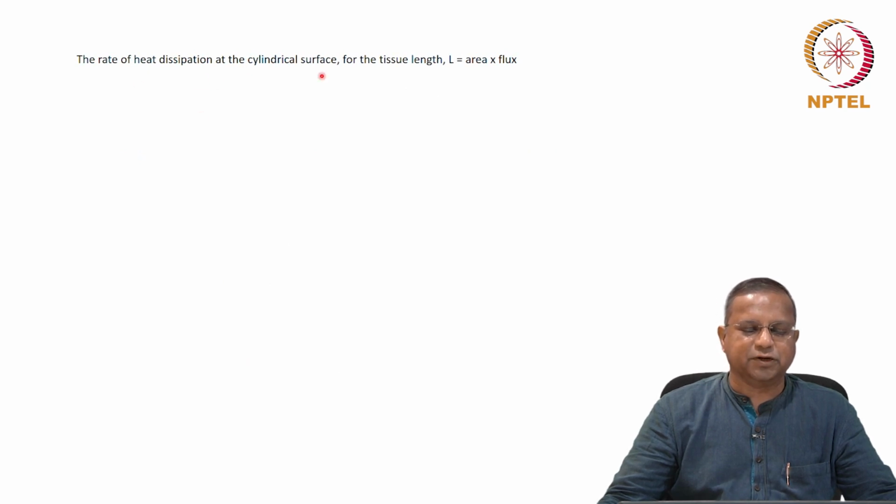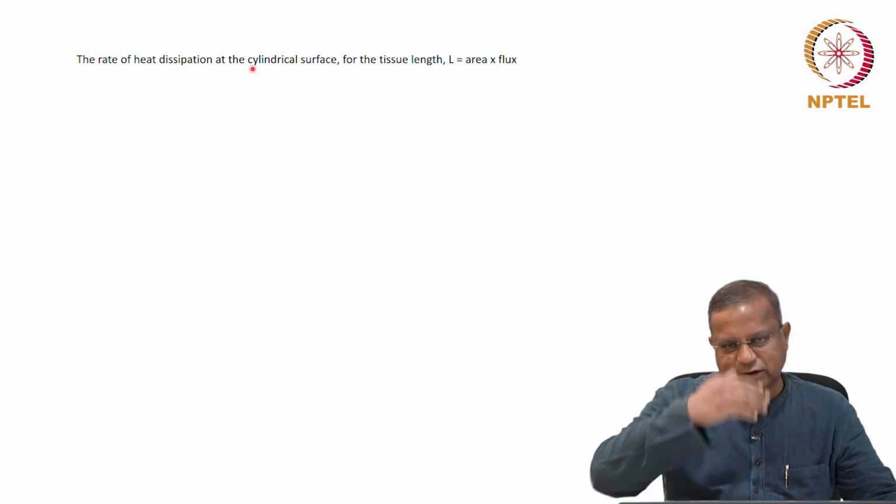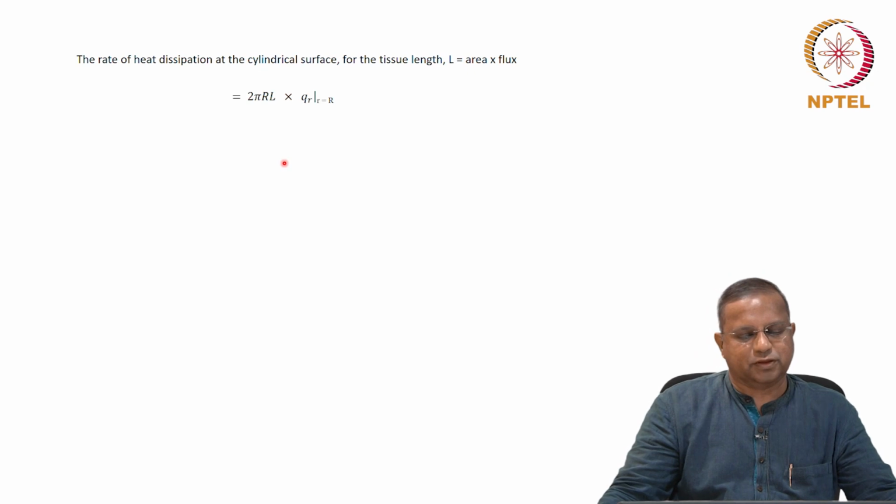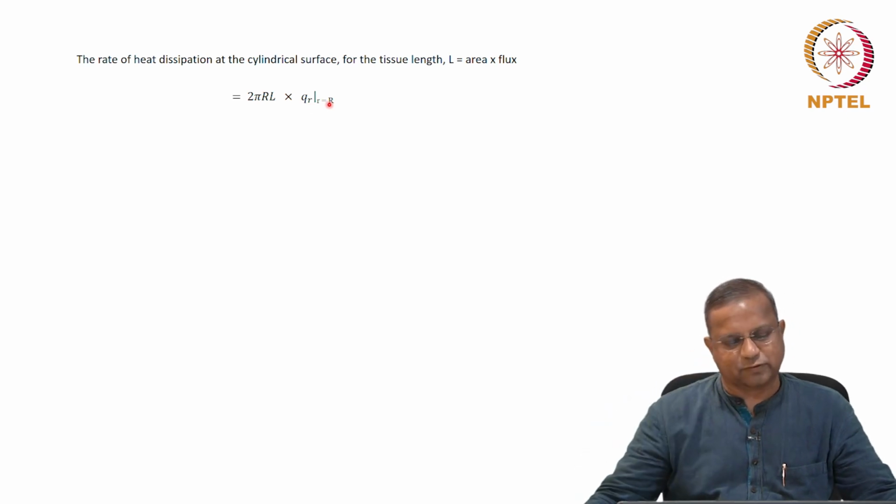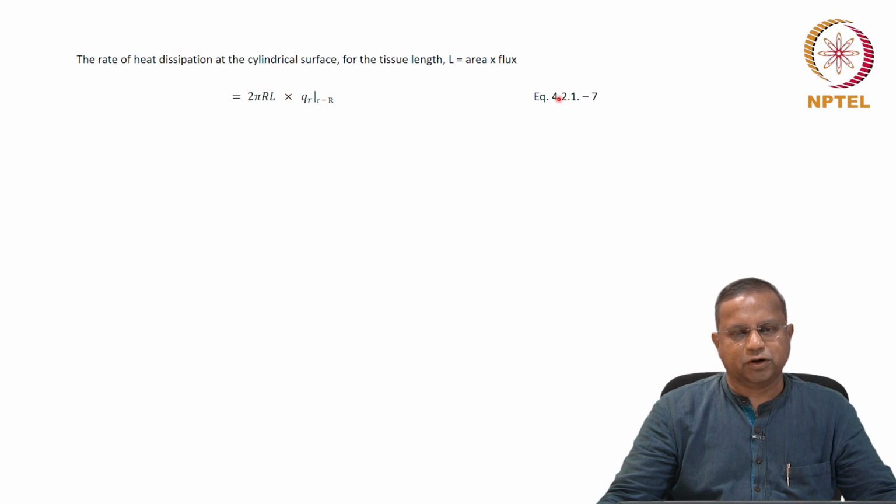The rate of heat dissipation at the cylindrical surface for the tissue length L equals area times flux. If you are interested in the rate of heat dissipation at the cylindrical surface, which is a nice thing to know, it is nothing but the area 2 pi R L times the flux qr at r equals R. The radial flux at r equals the surface, equation 4.2.1-7.